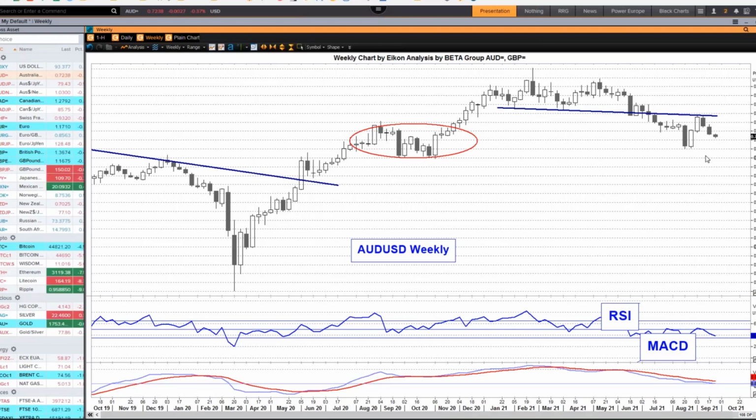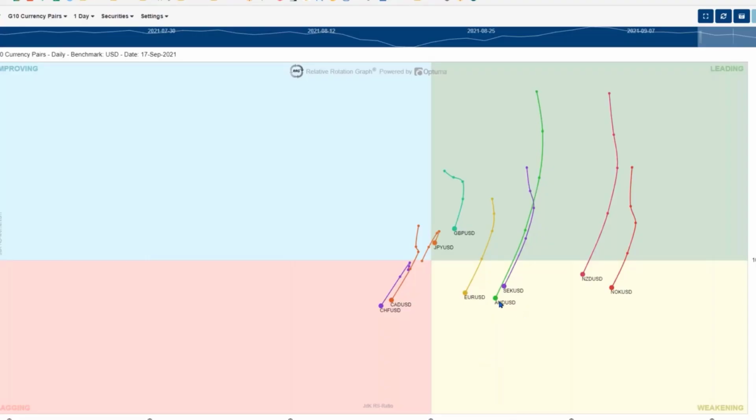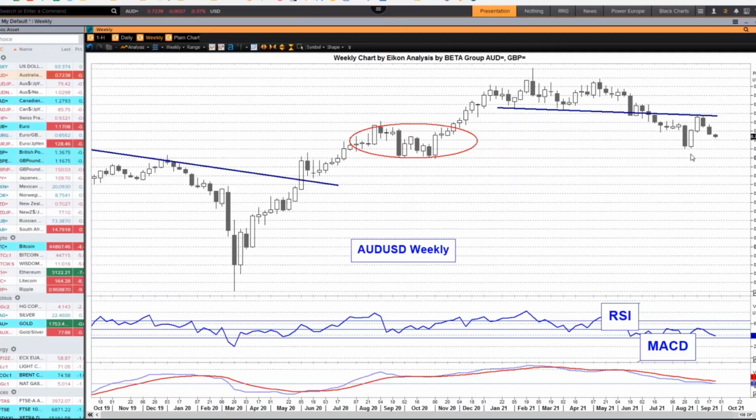So I would say that this one will probably lose its downside momentum before the other ones do. Looking at the RRG again, you see this one compared to the Canadian dollar, which is much more over here, already underperforming the dollar itself. This is just weakening against the dollar, and that's, I think, because it's approaching this support level here.